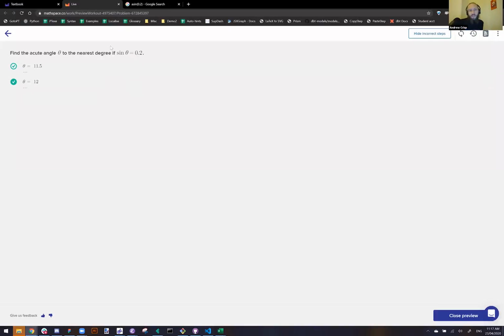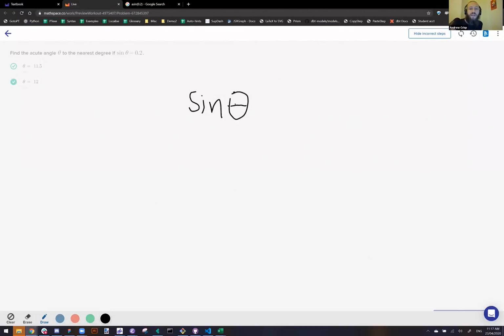So what did we learn from this? If we ever have an expression that's sine theta equals something, then the way to find theta is to do the inverse. I'll write that up quickly. Sine theta equals box with a blah.